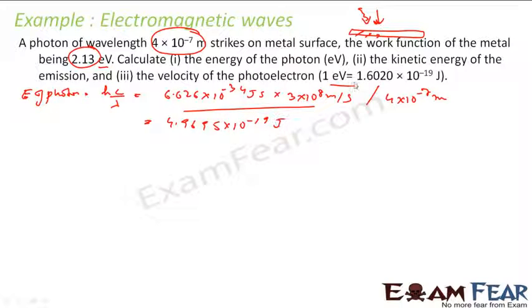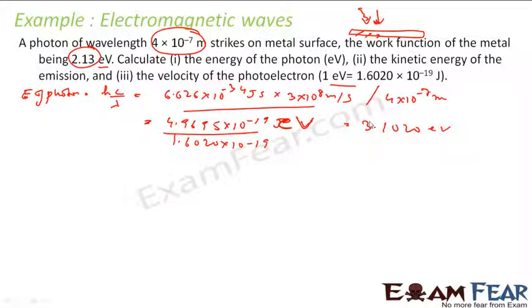But we don't want it in joules, we want it in eV. So 1 eV is equal to this many joules. If you divide this by 1.6020 into 10 to the power minus 19, you get the answer in electron volt. This is nothing but 3.1020 electron volt. So the energy of the photon is 3.1020 electron volt.